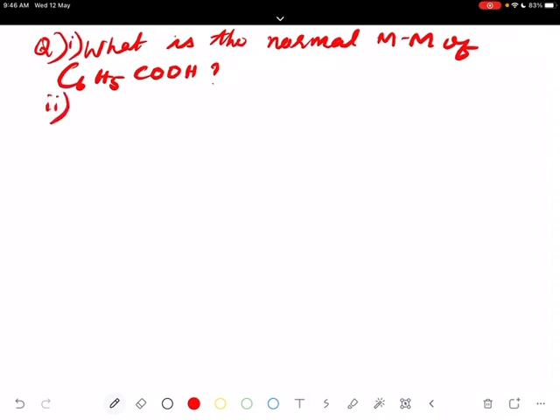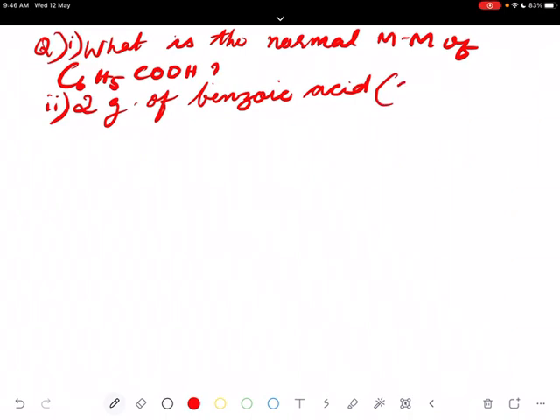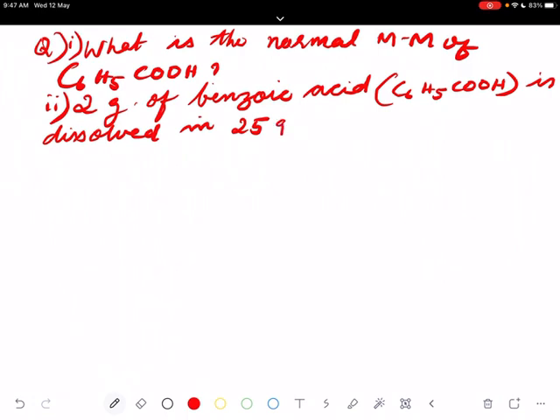Part 2: 2 gram of benzoic acid, C6H5COOH, is dissolved in 25 gram of benzene.